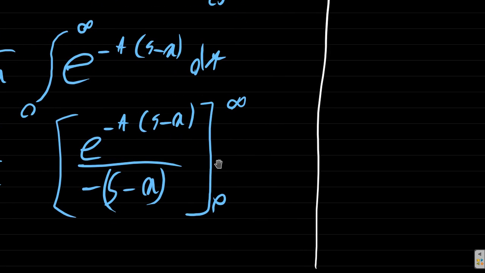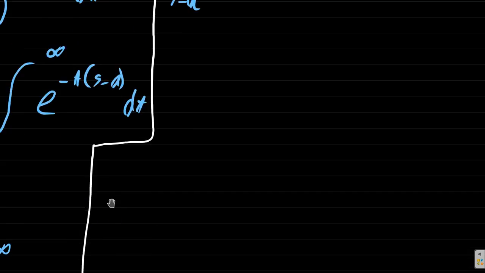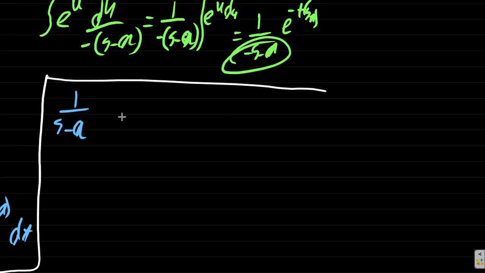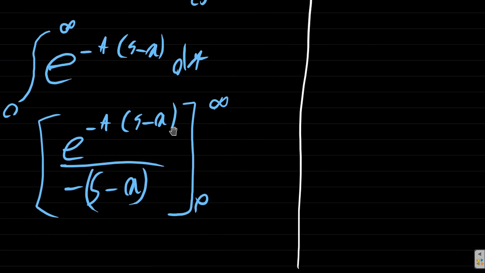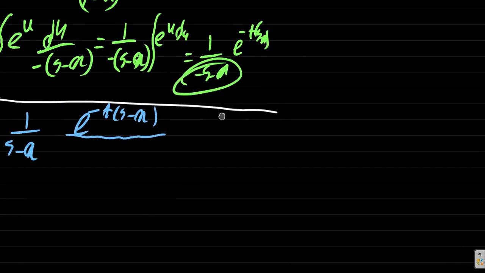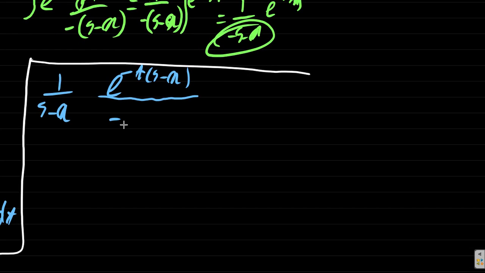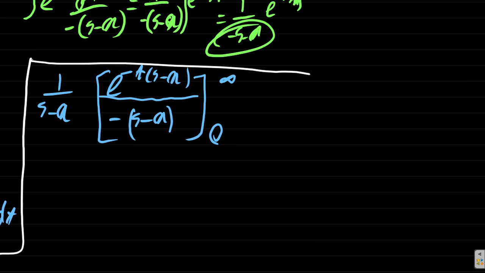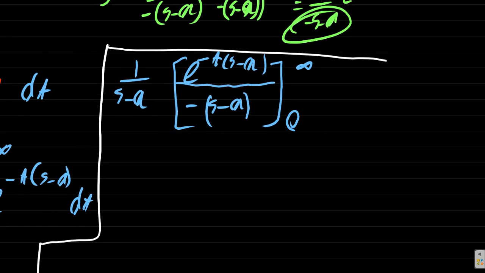E to the negative t s minus a, over, we're just rewriting this, negative s minus a, from 0 to infinity. Now, let's see what happens.